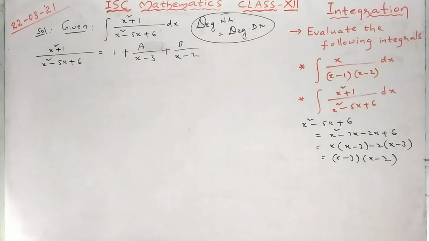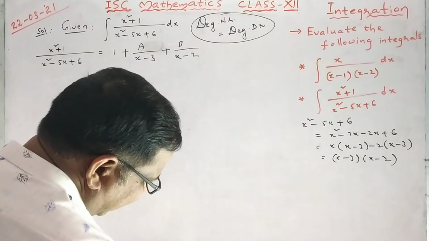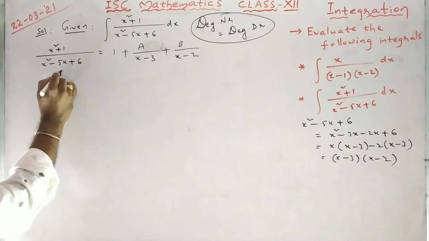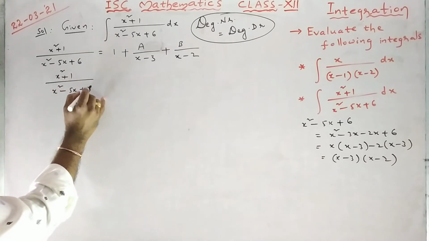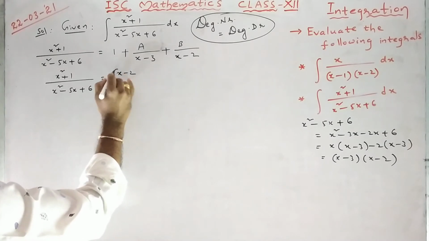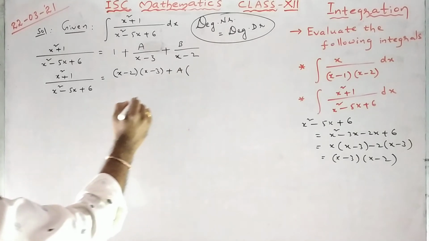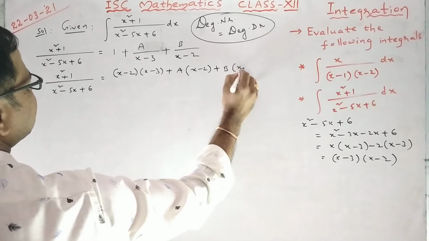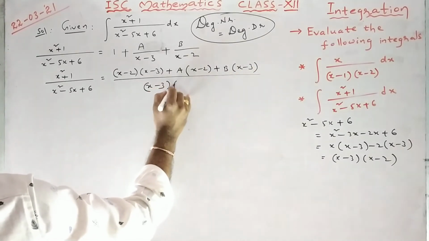So if you split this integration now, I have to find the values of a and b. How do we do that? (x square plus 1) by (x square minus 5x plus 6) equal to, take LCM here, we will get (x minus 2)(x minus 3) plus a times (x minus 2) plus b times (x minus 3) upon (x minus 3)(x minus 2).